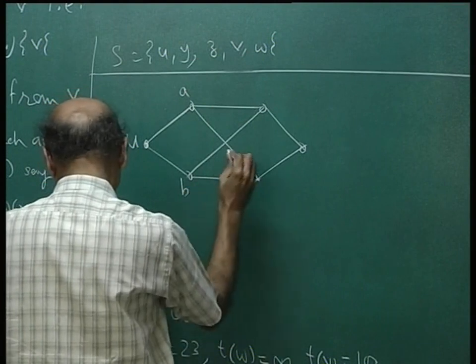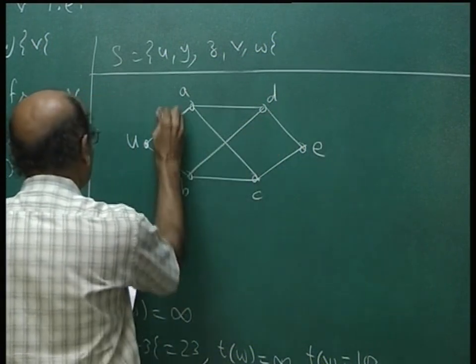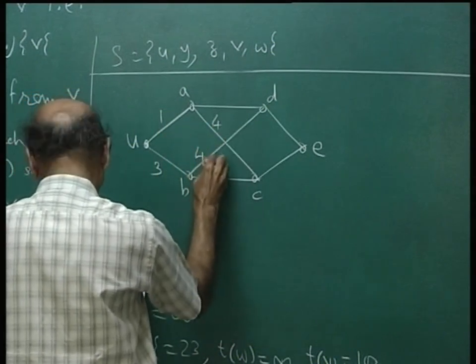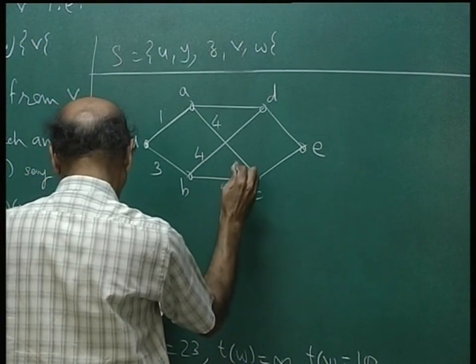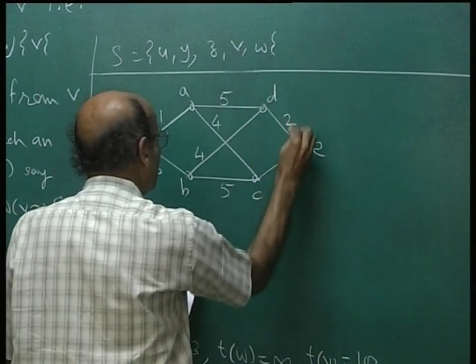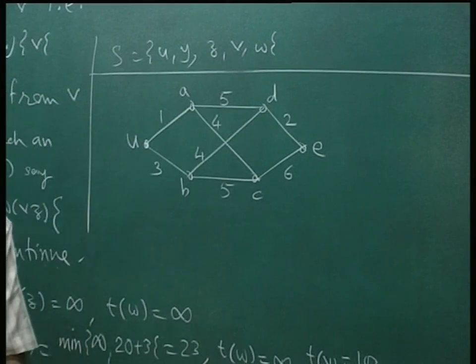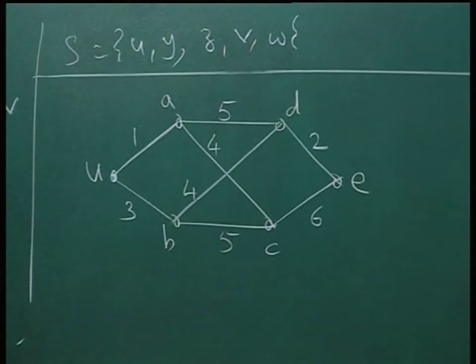A, B, C, D, E, with edge weights 1, 3, 4, 4, 5, 5, 2, 6. Now let's see what will happen here when I apply the algorithm.